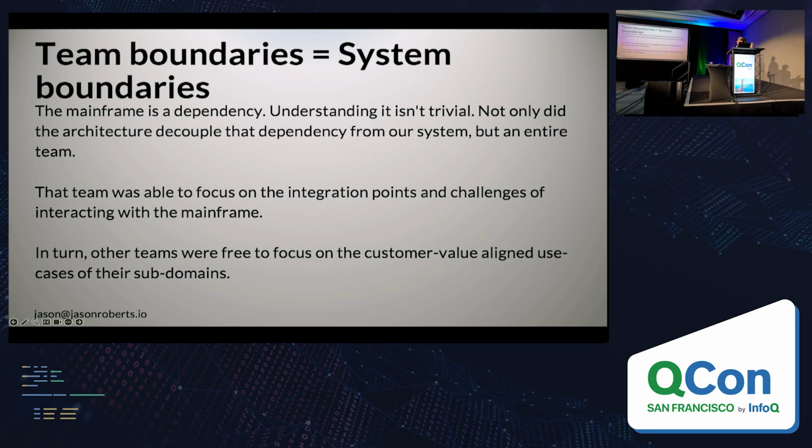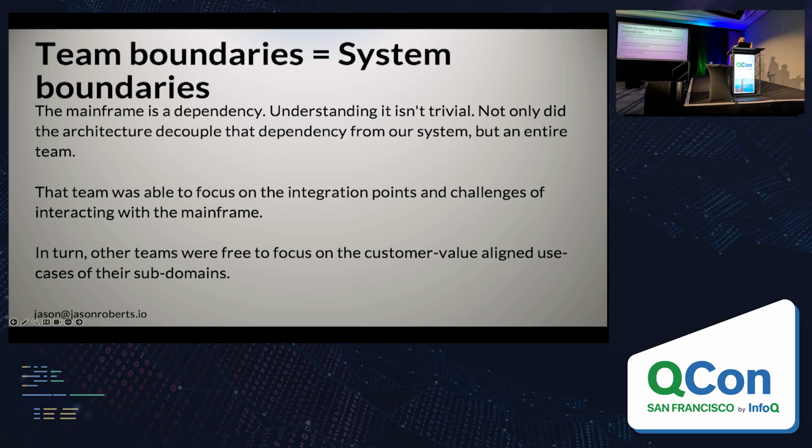And when we talk about complicated subsystem teams, the mainframe is a dependency for us, and understanding the mainframes, it's not trivial at all. So the architecture decoupled that dependency from our system, but by aligning the teams the way we did, we have created an entire team that helps decouple that dependency as well.